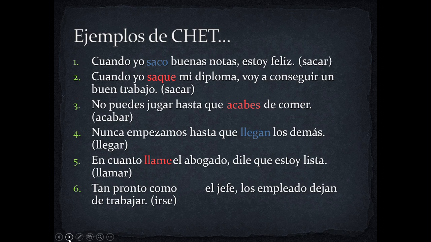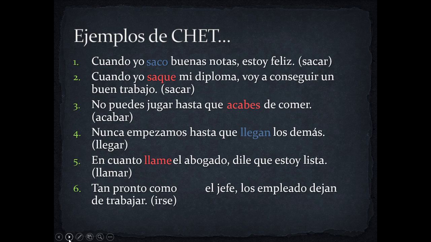So, tan pronto como, another expression that means as soon as, same as en cuanto. Is this a habitual or pending situation? Well, this is talking about something that happens all the time. So this would not be subjunctive. This would be indicative. So we need the verb irse in regular present tense. Well, it's reflexive.